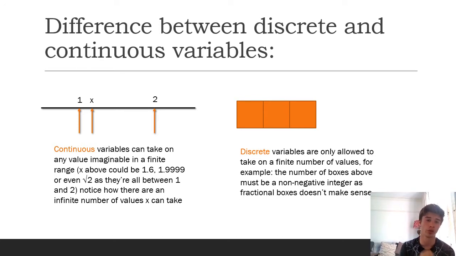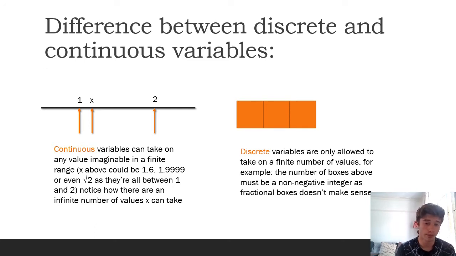By range, I just mean you give a lower bound and upper bound for what it could be. So say x is between 1 and 2. There's an infinite number of numbers between 1 and 2. If you count decimals, fractions, anything like that, you could pick any recurring decimal. You can add the smallest nudge to it, and all of those could be a possible value for x. Root 2 is a value that's irrational. You can't even get a fraction for that, but also 1.999 recurring.